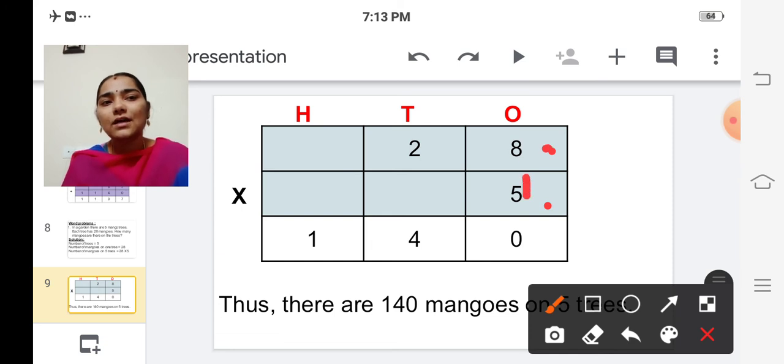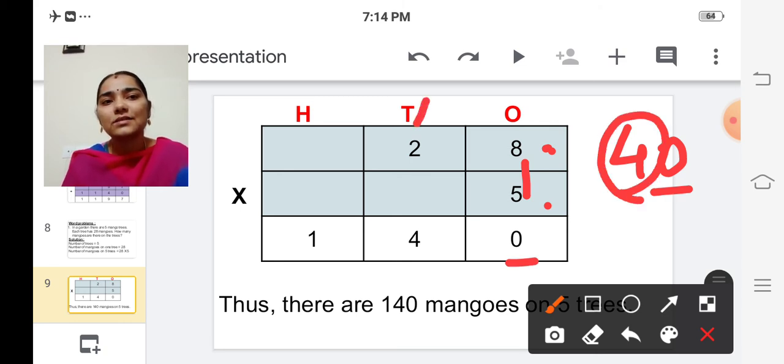So 8 5s are 40. So write that 0 here and carry over this 4 to the next place.